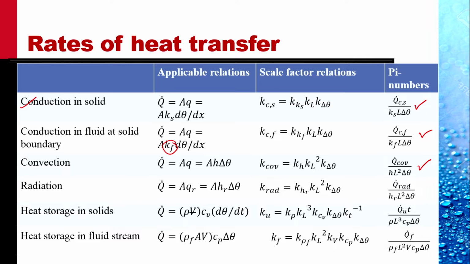Radiation is written in terms of h_R, the equivalent heat transfer coefficient for radiation, and we get a similar pi number. We will not deal with radiation in this course.